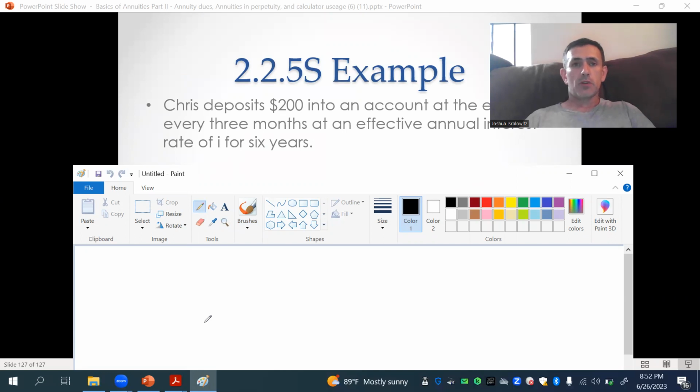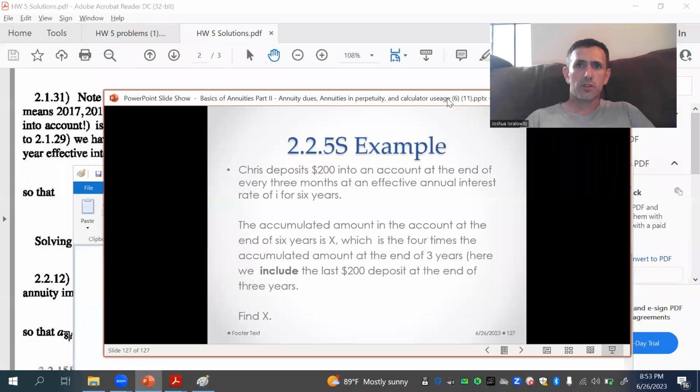It's completely irrelevant. That's the kind of point I'm trying to make: exam FM will sometimes say things like that. We have an effective annual interest rate of I. Well, that's irrelevant. What is relevant is that payments are every 3 months.